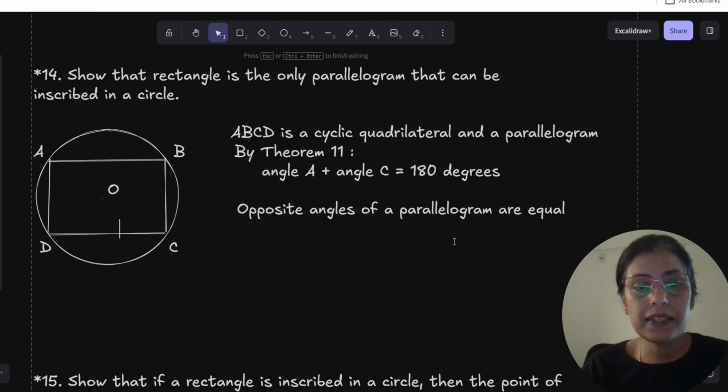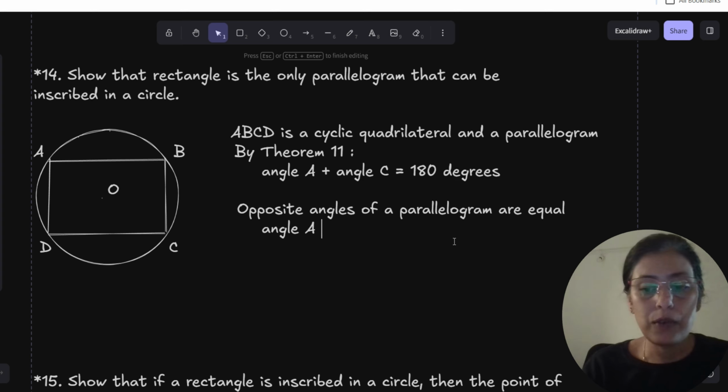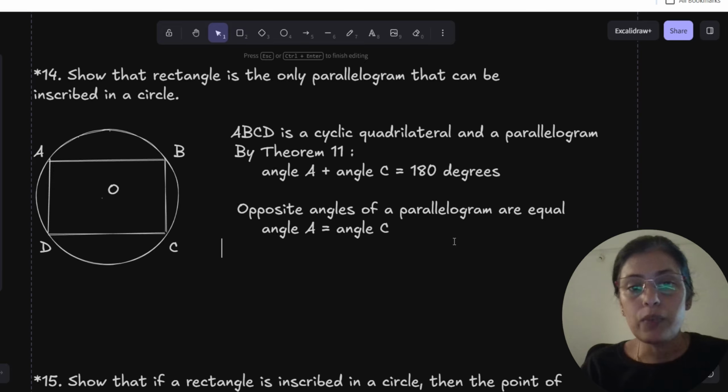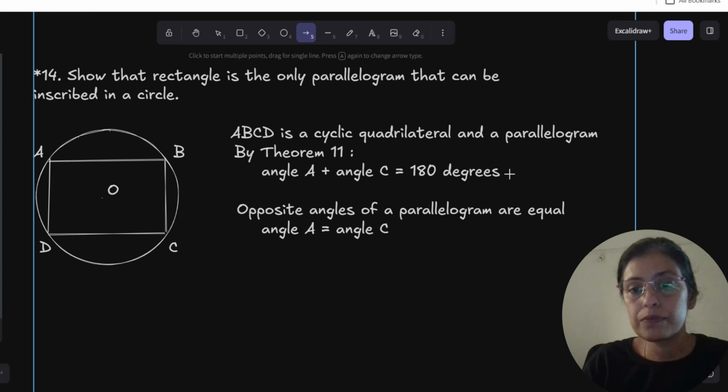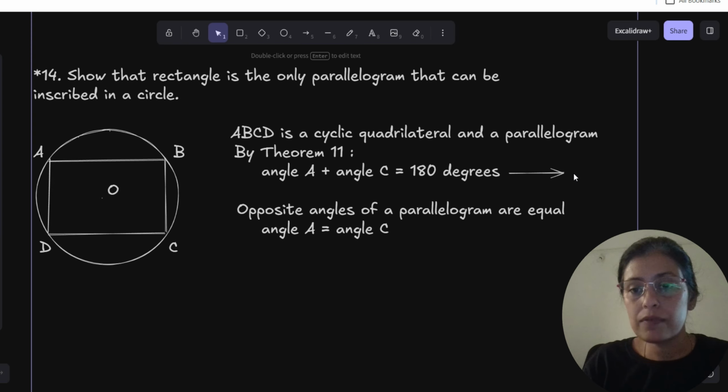So this means that angle A will be equal to angle C. Now we have said angle A plus angle C is 180 degrees. So this is 1.